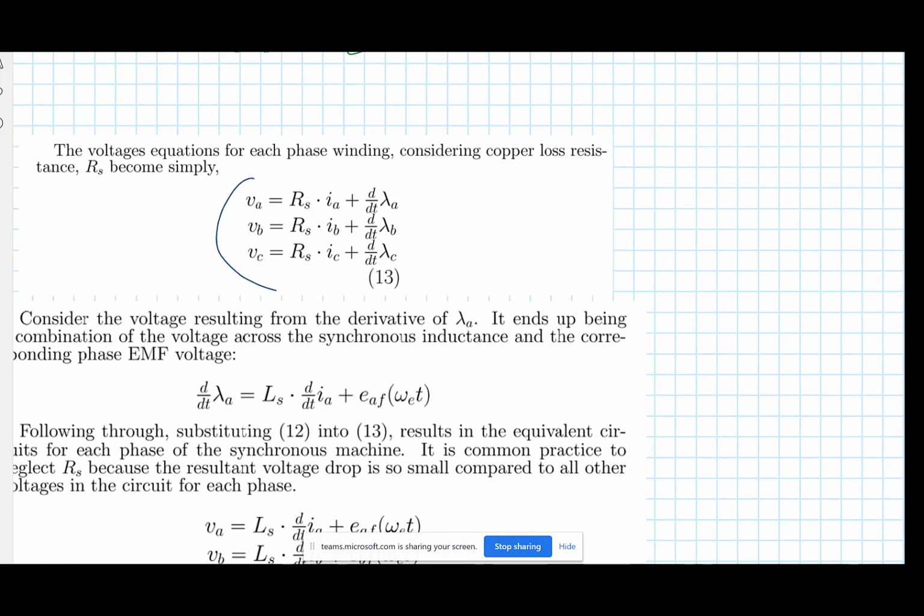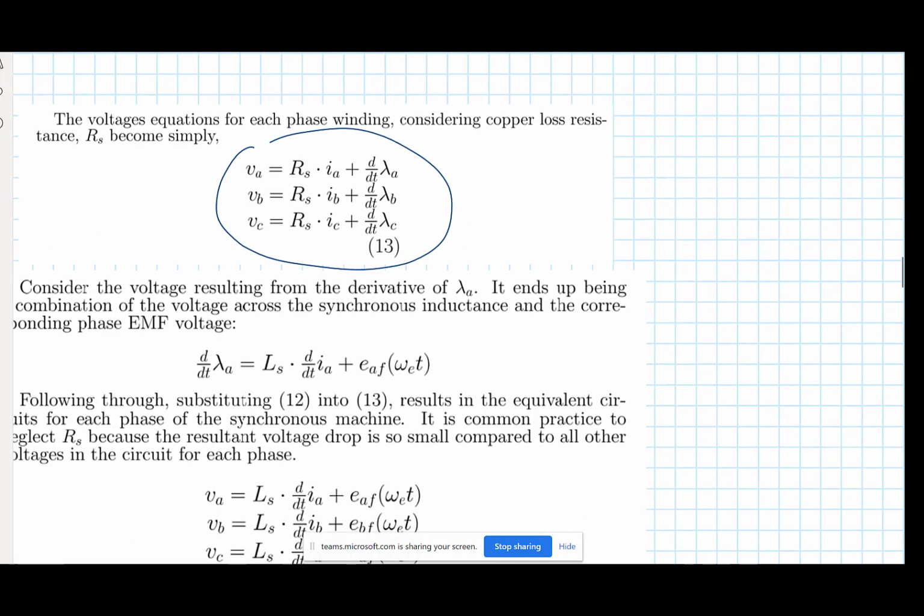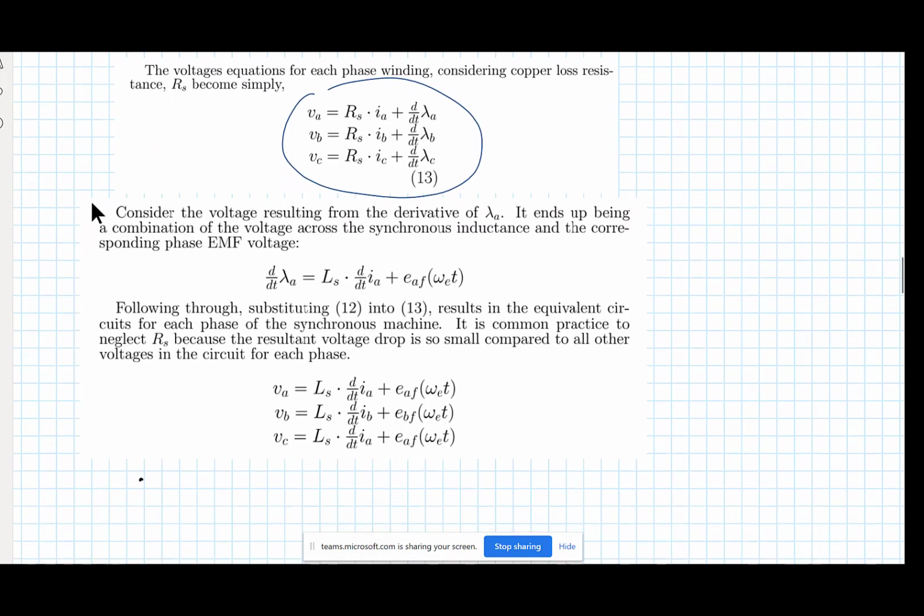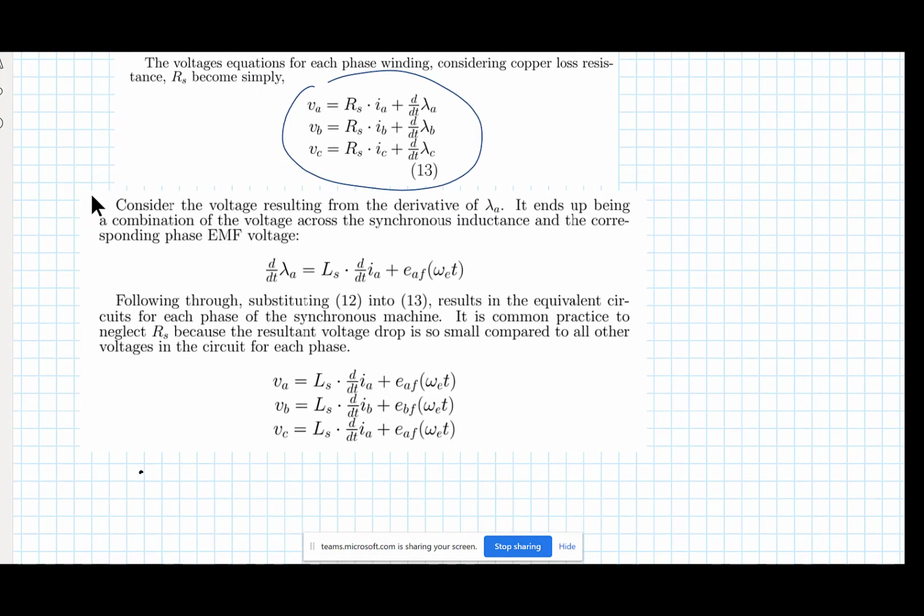So these are the voltage equations that I have, and essentially this breaks out, right? The derivative of this breaks out into these two parts here. Now typically the resistance of a synchronous machine is very small. So it's common practice to neglect the RS because it's so small compared to the other voltages in the circuit. So in this case, the stator resistance is ignored.